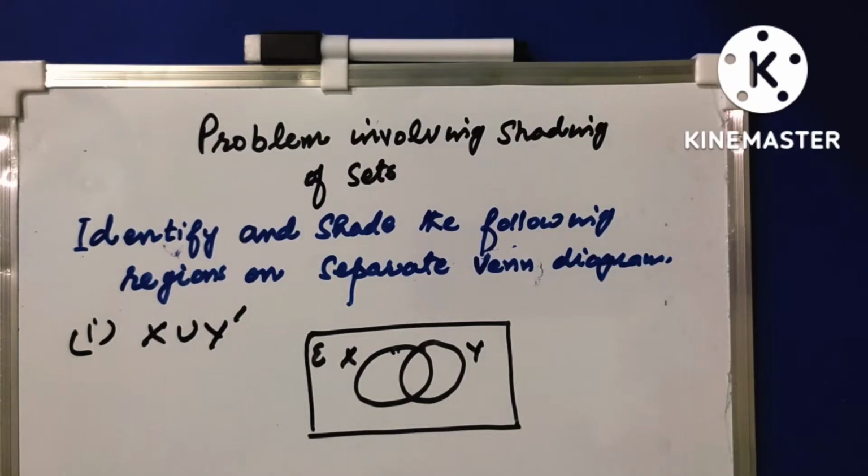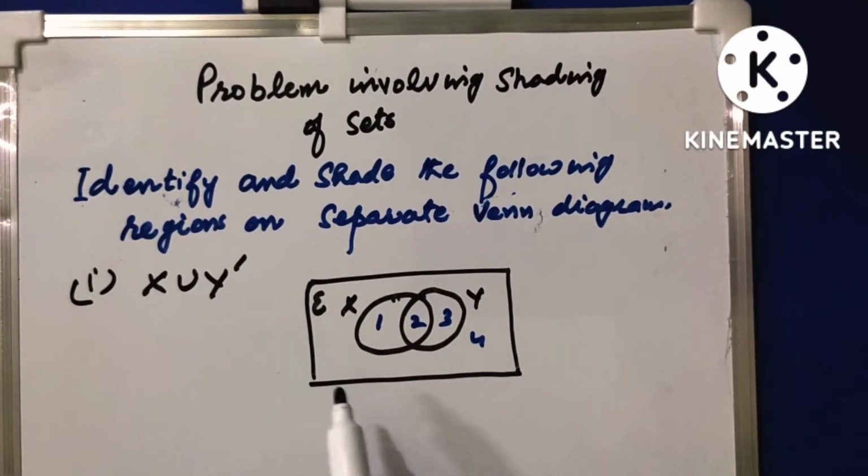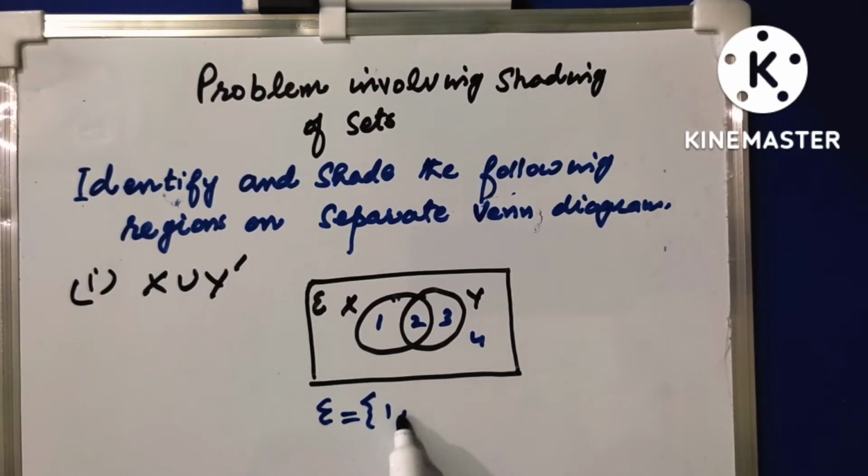Actually there are two ways. The first way is that you can randomly enter numbers in the loops: 1, 2, 3, 4. Now list them. Universal set will be 1, 2, 3, 4. Set X will be equal to 1, 2, and set Y will be equal to 2, 3.